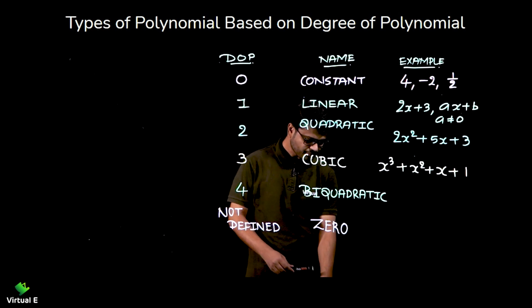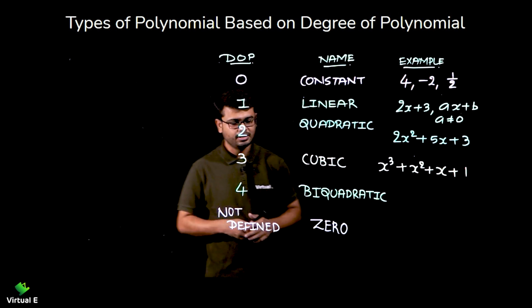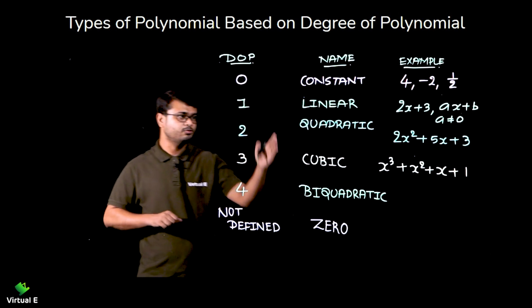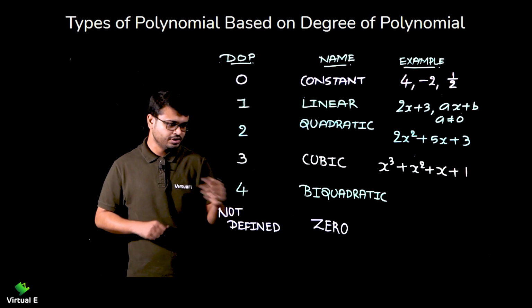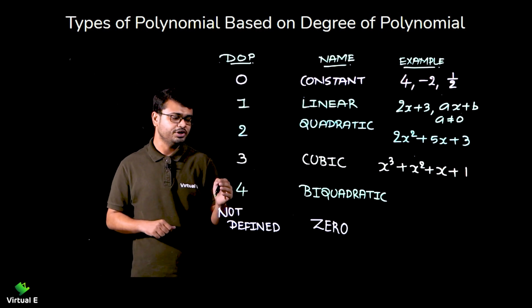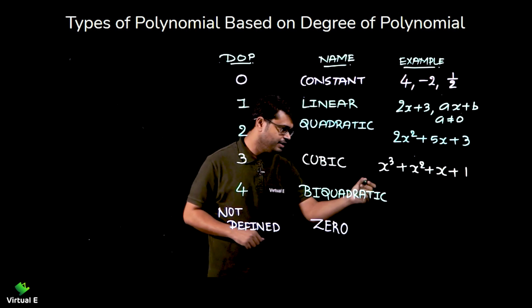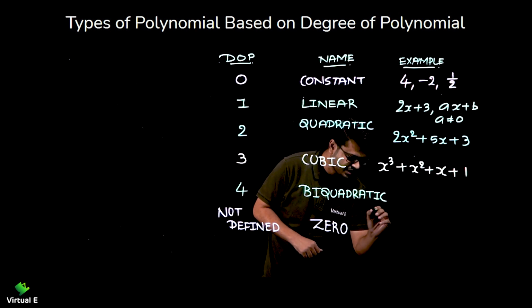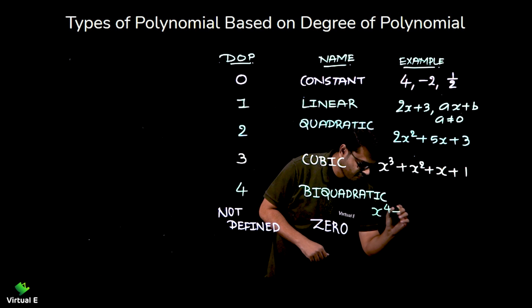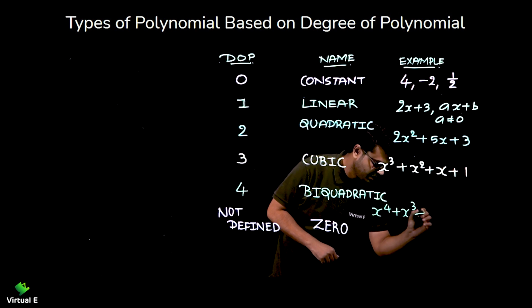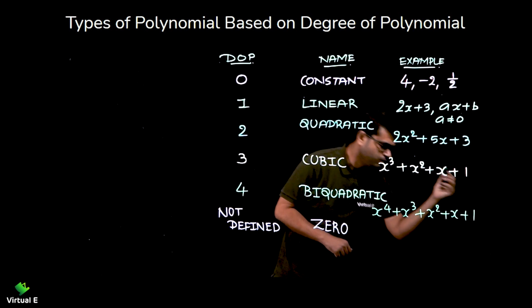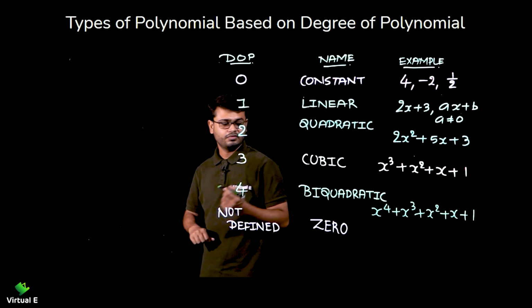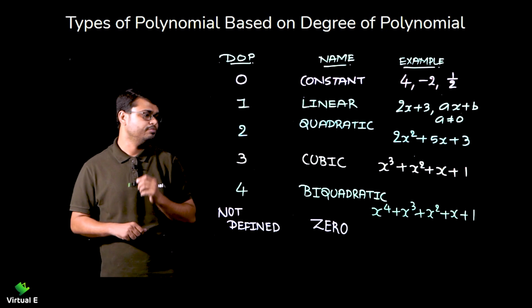Next is the biquadratic polynomial. Biquadratic means what? Quadratic means 2. Biquadratic means 2 times 2, that is 4. So the degree of polynomial will be 4. We just need to add one more term in this case, that is x raised to 4 plus x raised to 3 plus x square plus x plus 1. That is an example of the biquadratic polynomial.